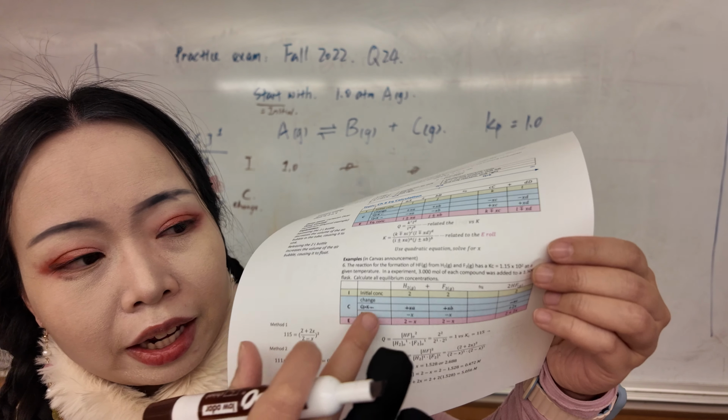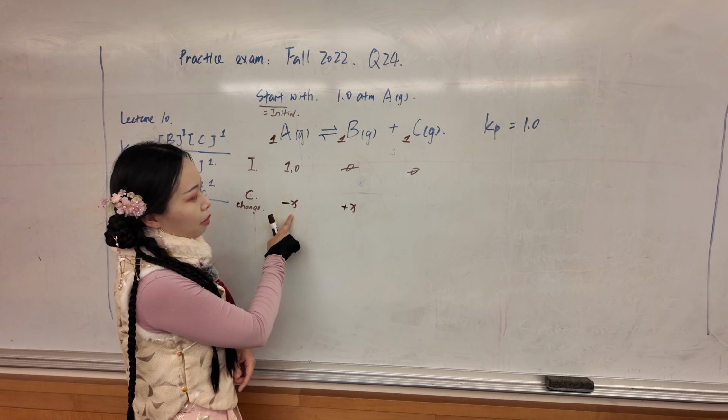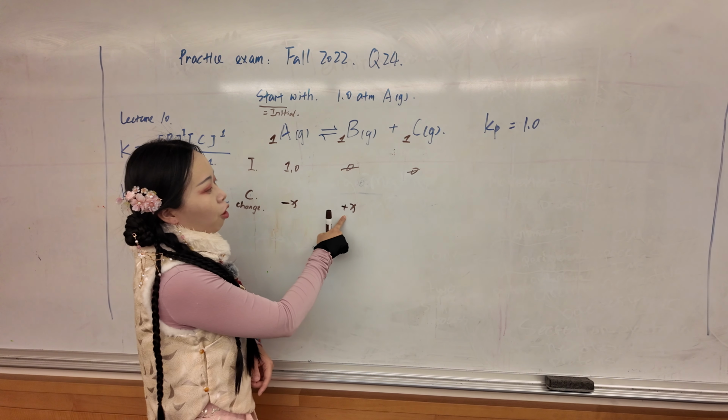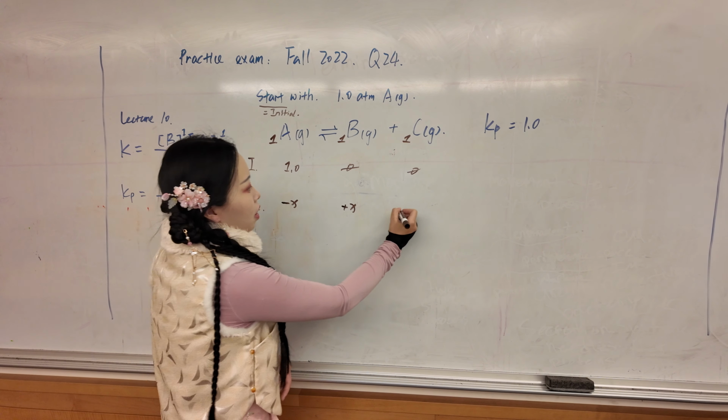So I will consume some of my A, because I don't have any B and C. Once I throw A in the container, there's only one way that this reaction will go, which is to make more B and C. Based on the coefficients, because it's 1 here, 1 here, 1 here, whenever I consume x of A, I will form x of B and x of C. Make sense?